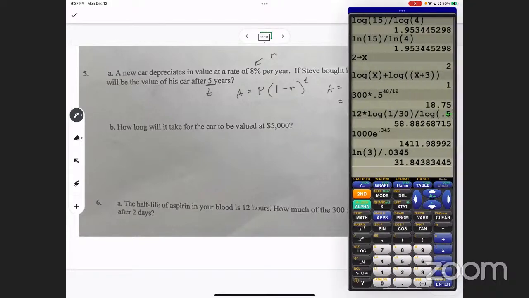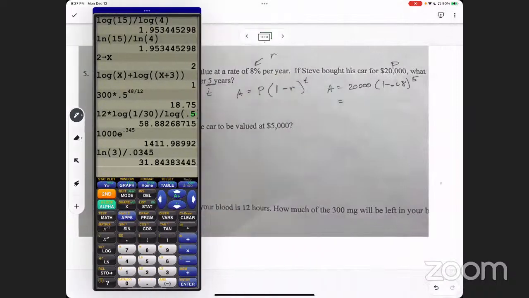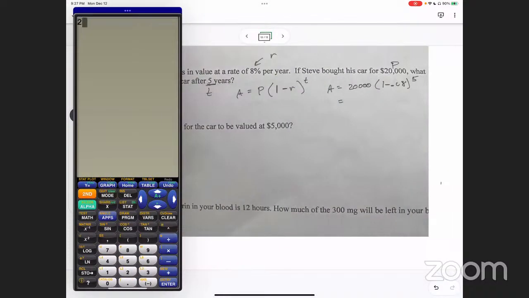So you can just punch that into your calculator is all you really need to do. You don't have to do it in your head or anything like that. So 20,000 times 1 minus 0.08 raised to the 5th power. So it's worth $13,181.63.